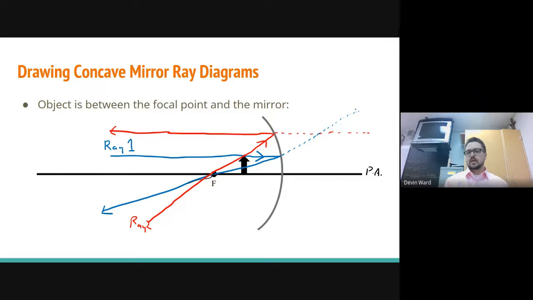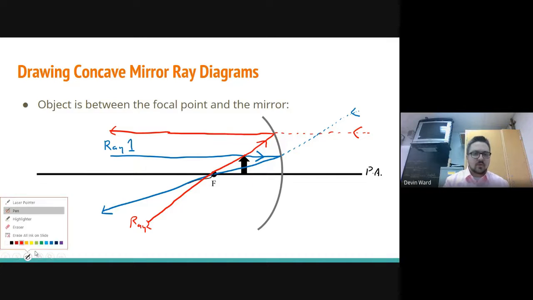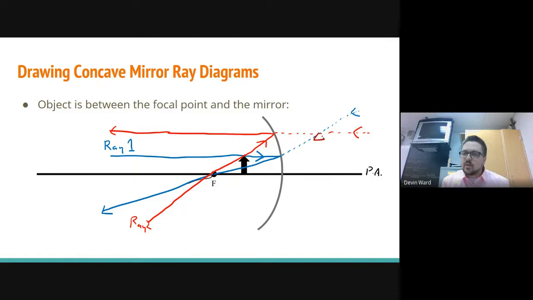Okay, so kind of looks like the light's originating from here. So this ray is being extended that way, and this one's coming in, going straight through that way. So what we have over here, our lines intersect.